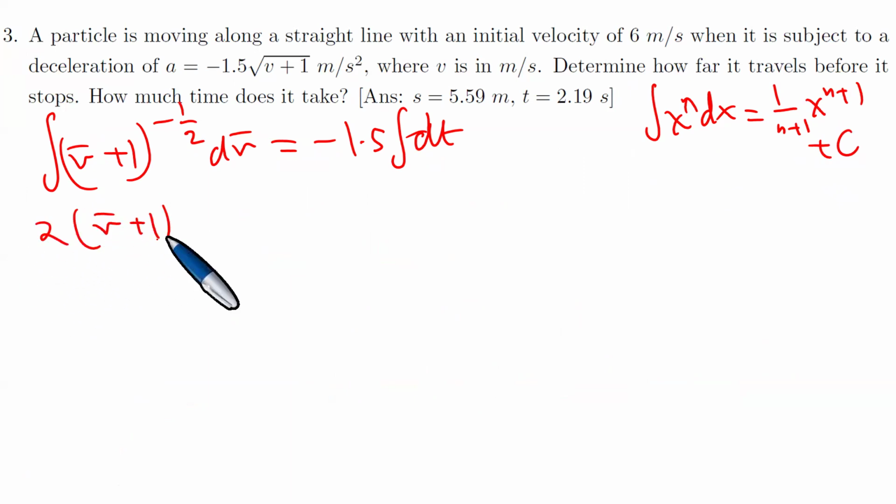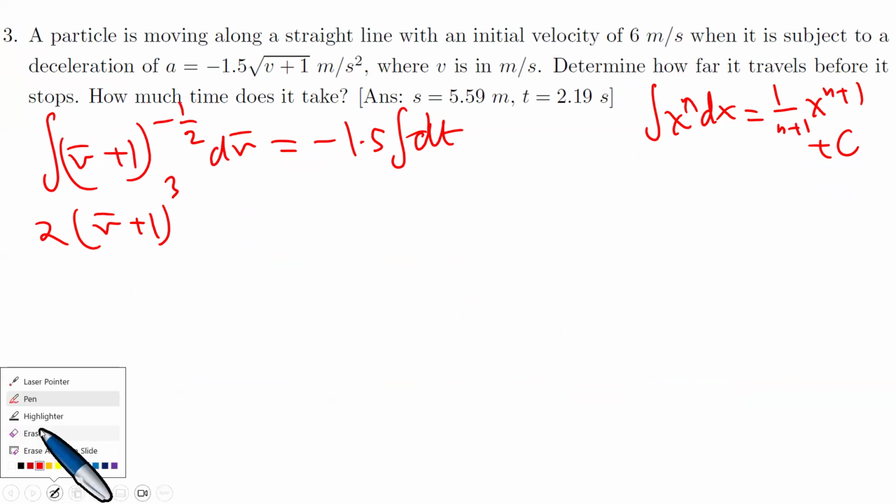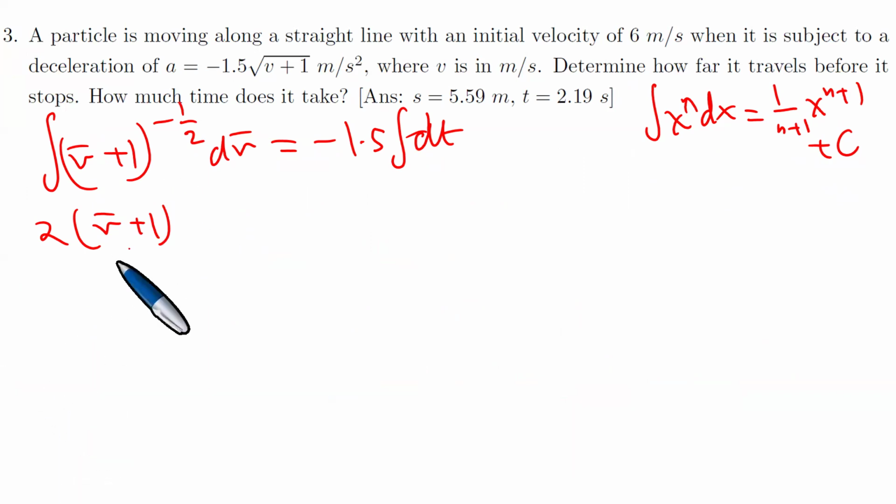So we get 2 times (v plus 1) to the power 1/2 minus 1.5t. Let's take a look at this.